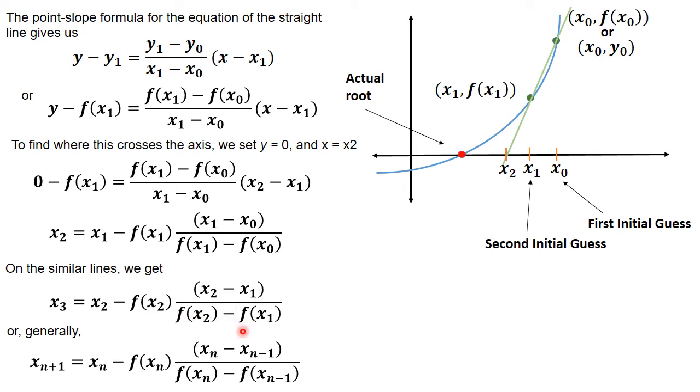And students, we can make the general formula for this, and that general formula is xn plus 1 is equal to xn minus f of xn into xn minus xn minus 1 over f of xn minus f of xn minus 1. And if you want to calculate the value of xn only, just subtract one value here, so here xn minus 1, but here it should be xn minus 2.